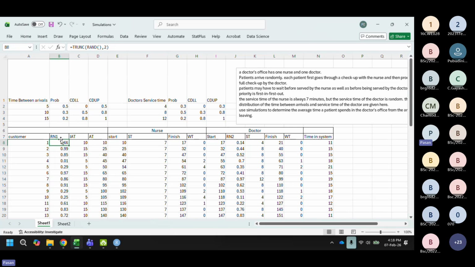These random numbers between 0 and 1 represent probabilities, and I'm using them to indicate the inter-arrival time. IAT is indicating the inter-arrival time.